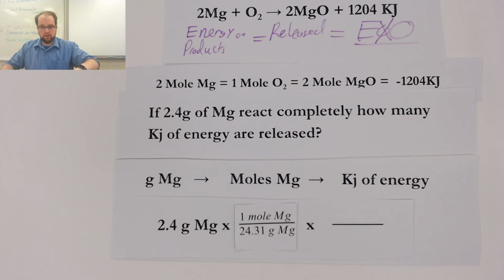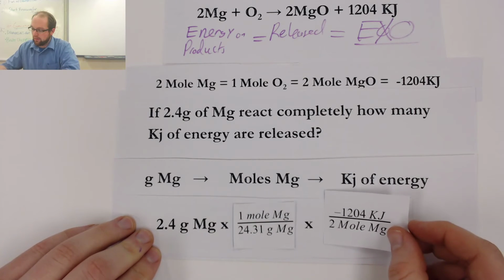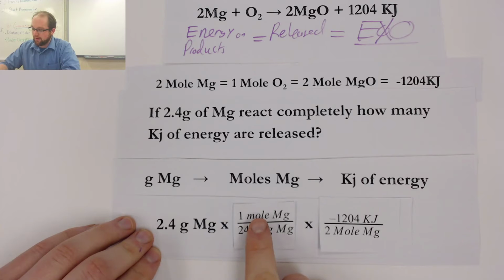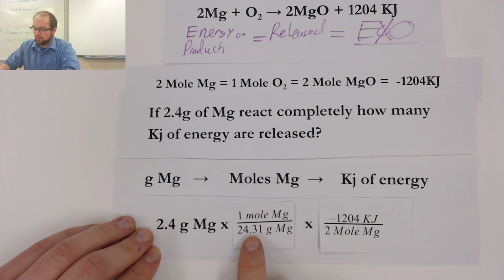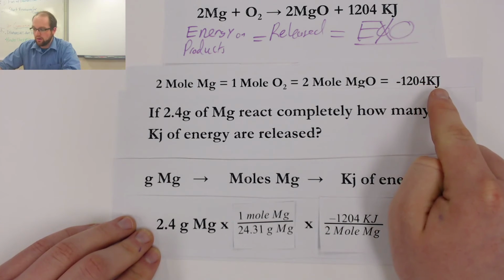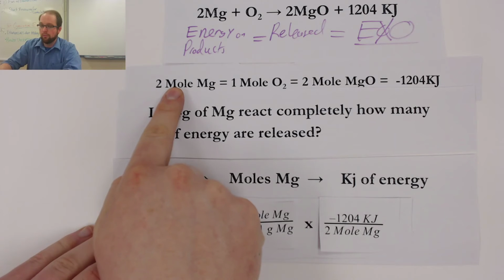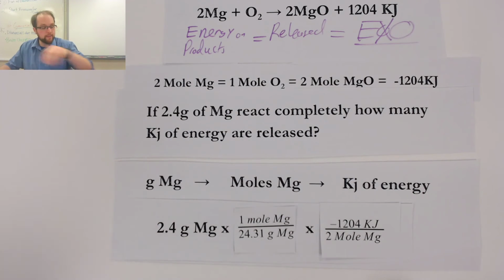So then we can now take our setup here and cancel out our moles of Mg and turn them into kilojoules. Now you might notice here that in this setup, this is the molar mass of 1 mole. But this amount of energy, the -1204, is equal to 2 moles of magnesium. So I want to make sure to include the coefficient 2 on the bottom for my magnesium.